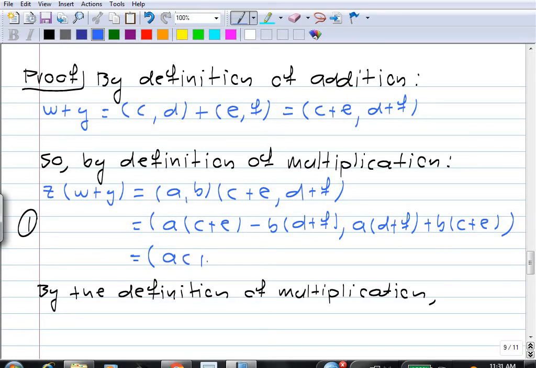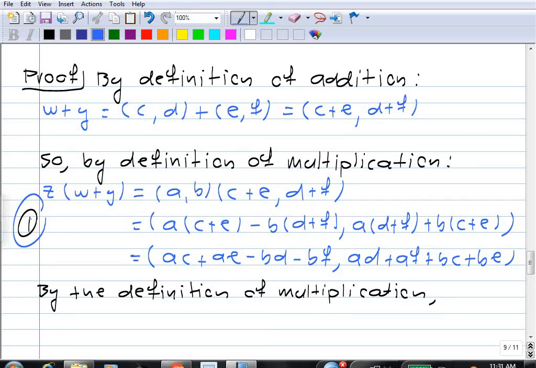So that's AC plus AE minus BD minus BF, and this is AD plus AF plus BC plus BE. Let's call this expression 1, so we can refer back to it later. And this is just about as far as we can go with the left-hand side.